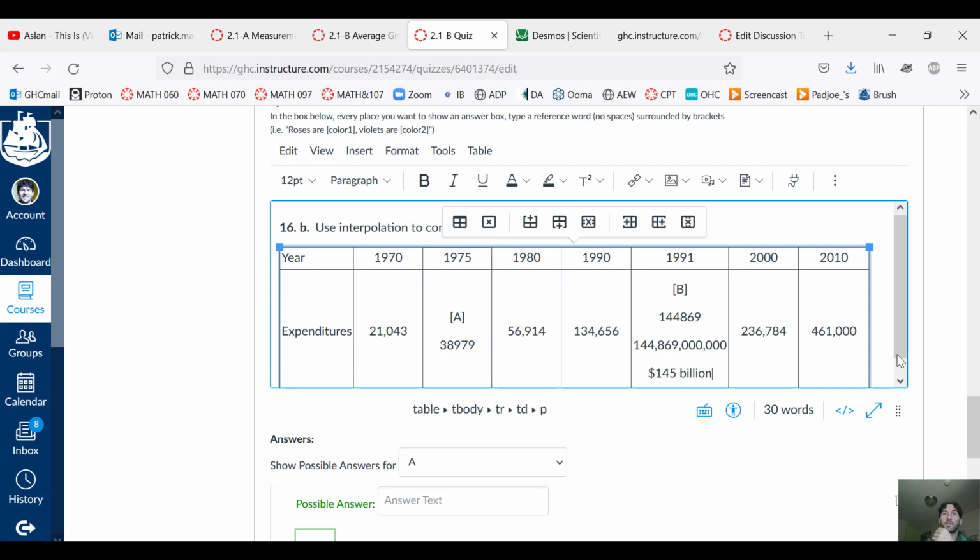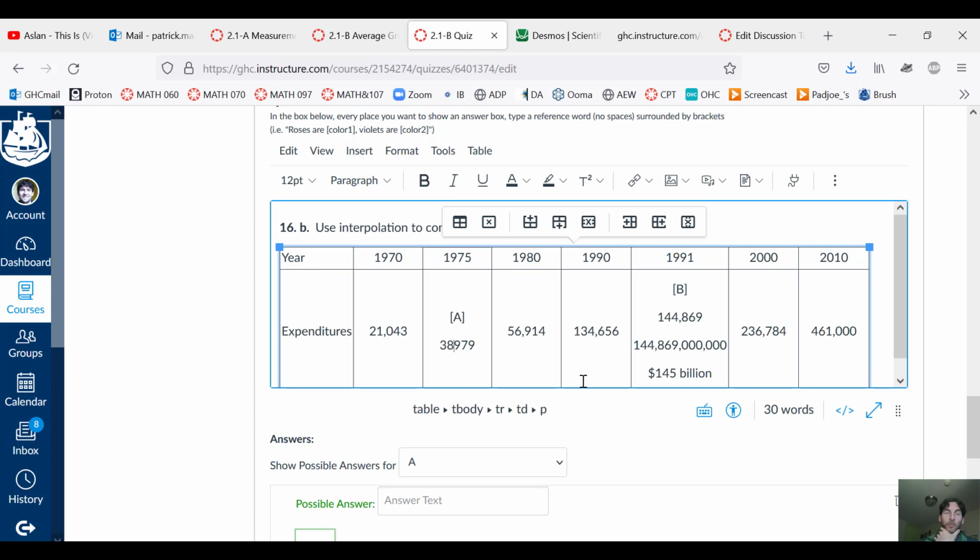And see how it's increasing. Just checking your answers: 144,869 is in between 134,000 and 236,000. If this number was not in between these two, then your answer is definitely wrong. Always think about that.